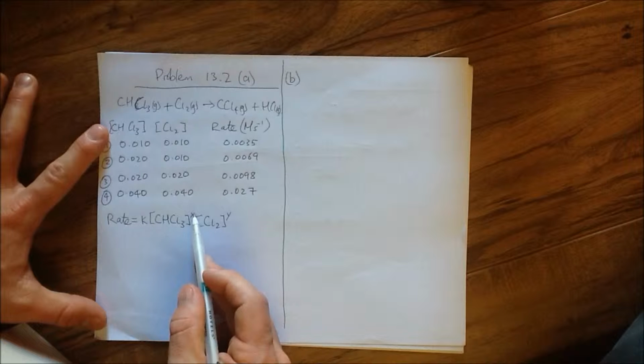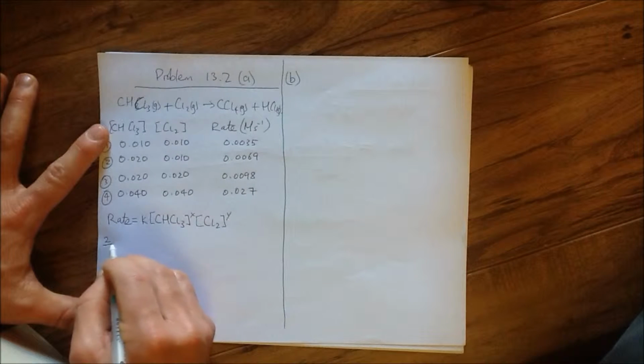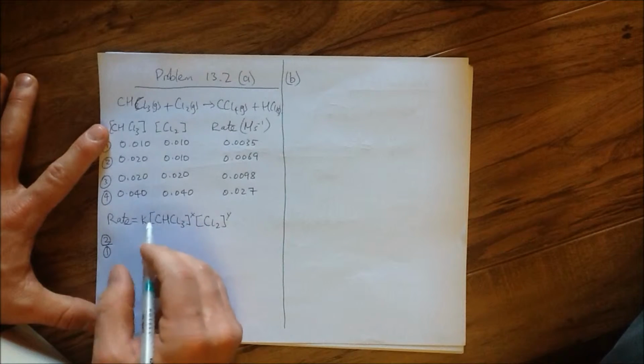First, to solve for x, let's take reactions 2 and 1. And let's divide reaction 2 by reaction 1.